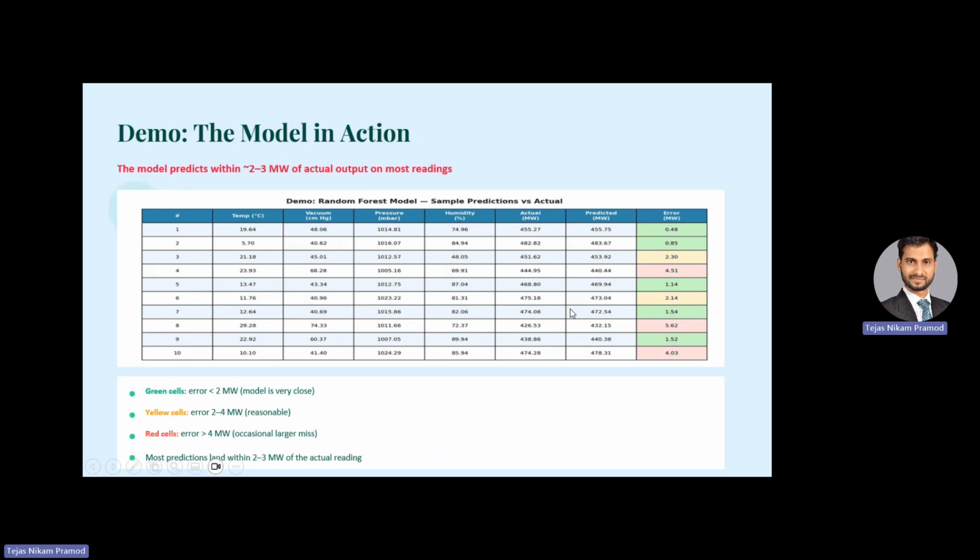The error is the difference between predicted and actual. On most readings, the errors are between 2 to 3 megawatts of the actual output. So this is the demo of the model. There are 5 green, which is less than 2 megawatts, 2 yellows, which is 2 to 4 megawatts of error, and 3 reds, which is more than 4 megawatts of error.